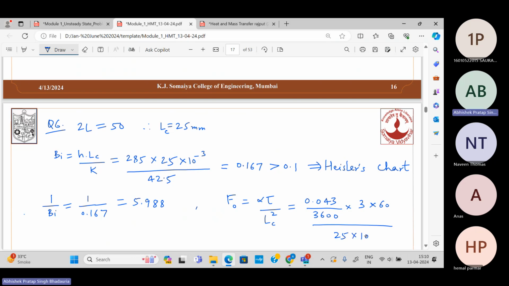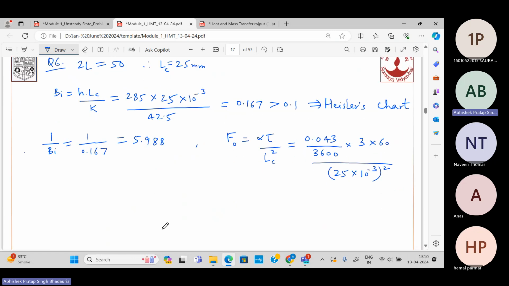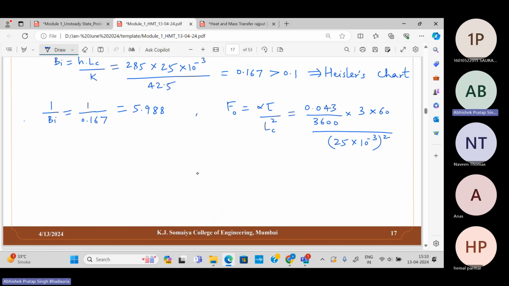Okay, so 25 mm, we will convert this in meters and take the square of this. So in this way, we can calculate the Fourier's number. The calculated value of Fourier's number is 3.44.